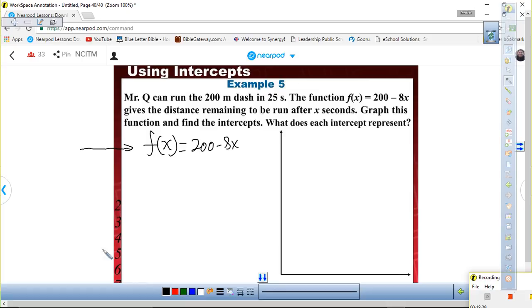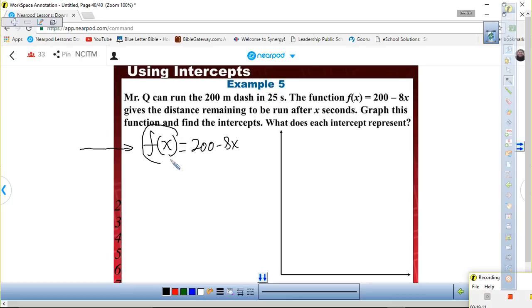Talk it over with your neighbor. How can we change this to a linear equation, not a linear function? Noel: change the x to an n. If we change the x to an n, it's still in function form. Hannah: the function of any number is always on the y-axis, so we can just change it to y.